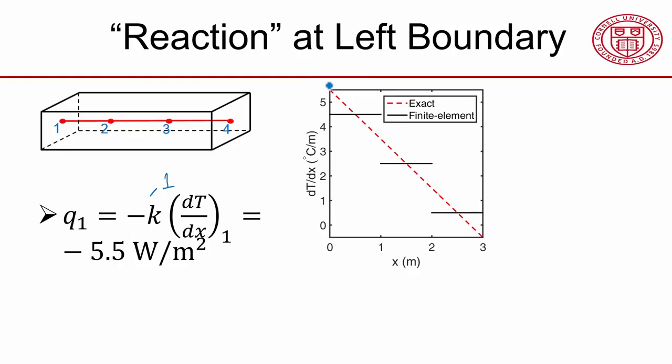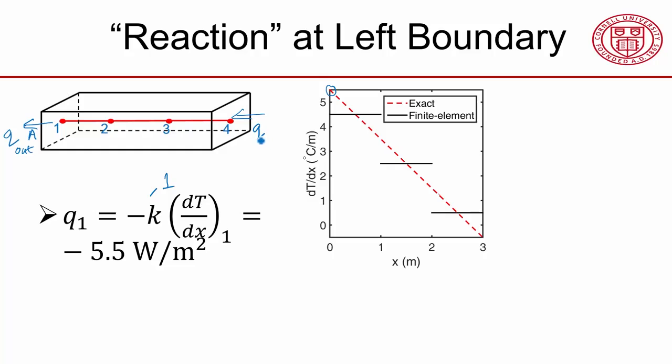It turns out it matches exactly with what you get from the exact solution. The implication is that the reaction I calculate matches, so it's getting Q out exactly right. And that times area is the amount of heat going out through there.